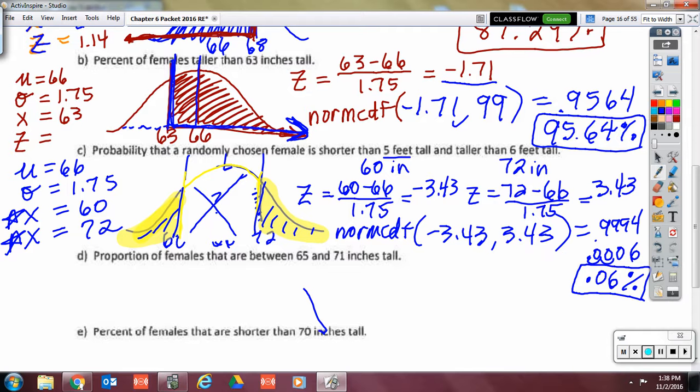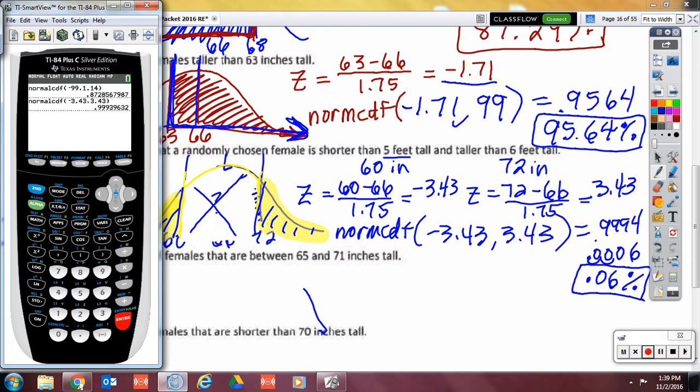Okay, so let me walk you through that math one more time. Well, no, that's not correct. Like you did 60 minus 66 divided by 1.7. I got 22.28. Okay, so let me tell you one common mistake, guys, that I've noticed has happened in the past. If you're doing your z-score and you go 60 minus 66 divided by 1.75, what's wrong?